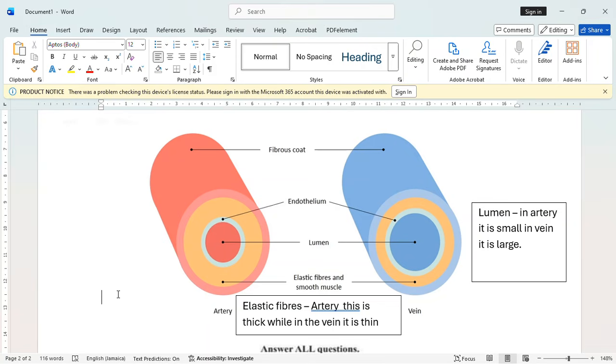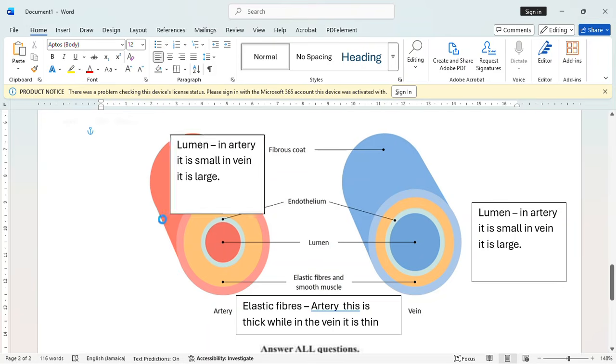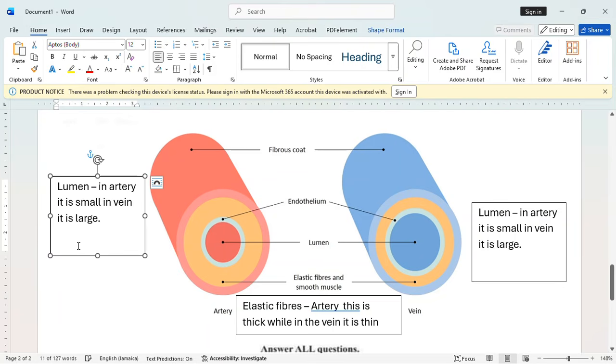So valves are present within the vein. We don't have any valves in our artery. And again, that is linked to the fact that the artery pumps the blood at high pressure.